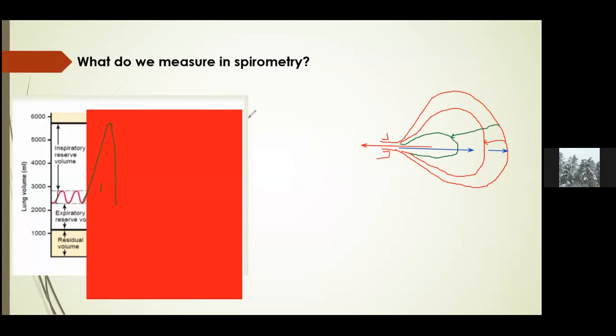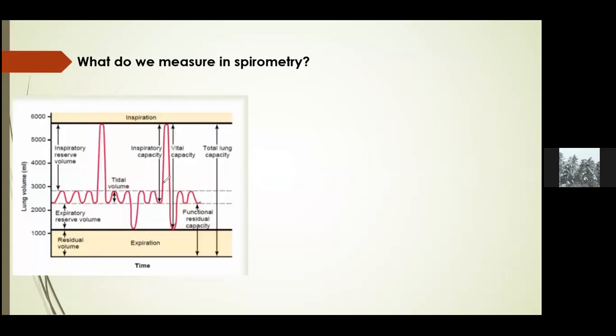Those two together are referred to as the inspiratory capacity. Remember, inspiration, taking in, and the capacity takes into account more than one volume. In this case, one volume is tidal volume, and the other volume is the inspiratory reserve. So when the two of them are added together, they give you the capability of holding that air after inspiration, which is the inspiratory capacity.